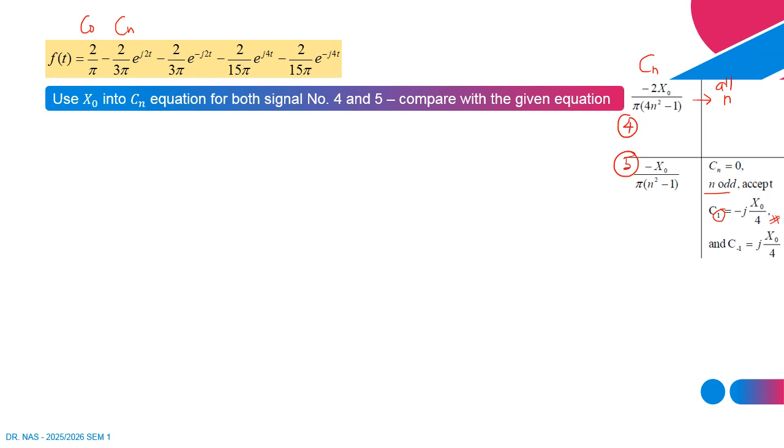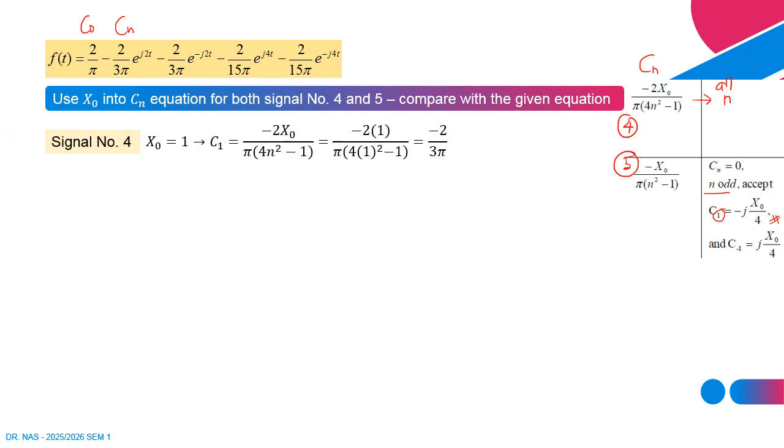So let's look at the given equation. First consider signal number 4. From the earlier calculation, x0 for signal number 4 equals 1. Assuming n equals 1, replace n equal to 1 into the Cn equation of signal number 4.